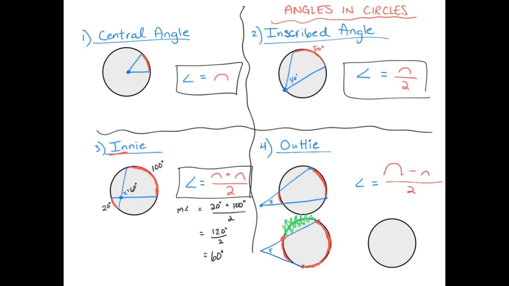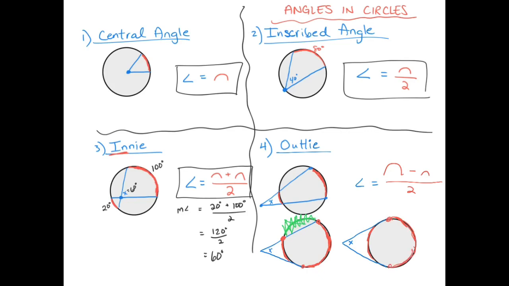And lastly, maybe I have two tangents. Let's try that again. So another example of an outie, and I do have this arc right here and this arc over here.